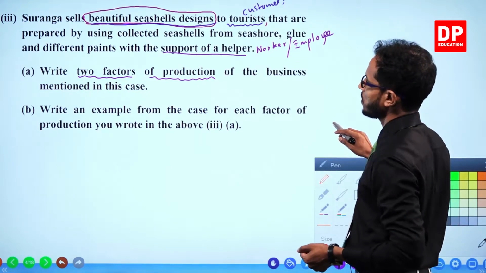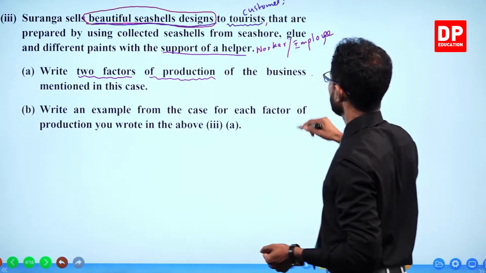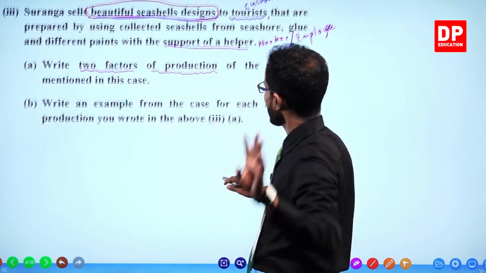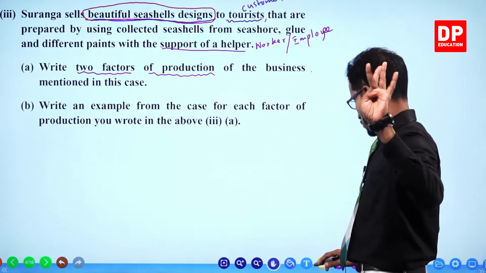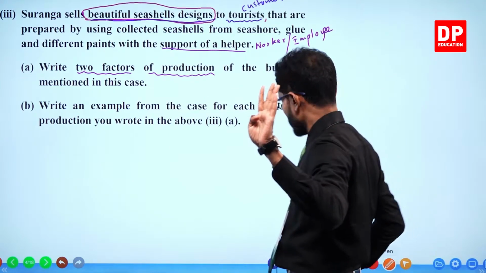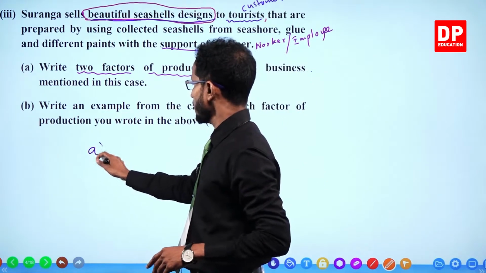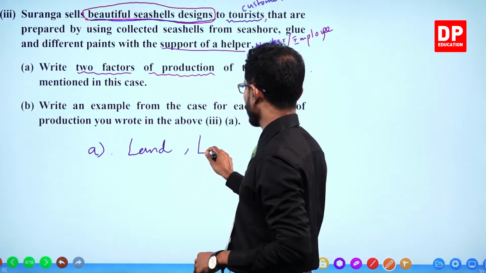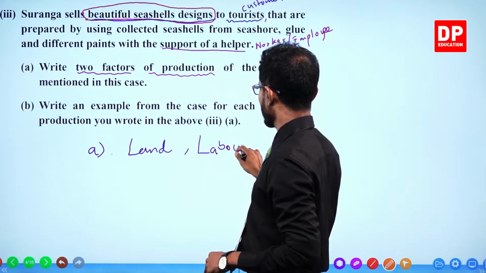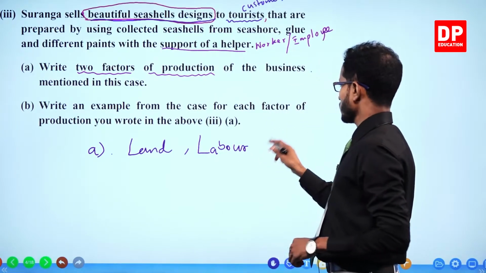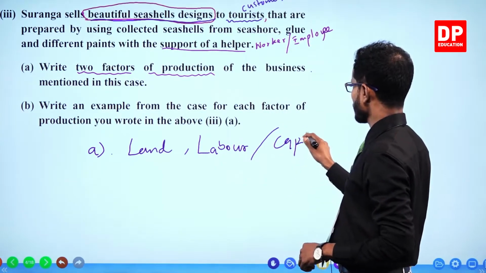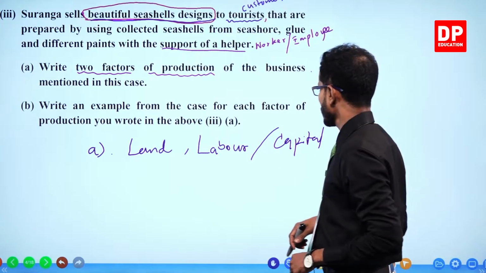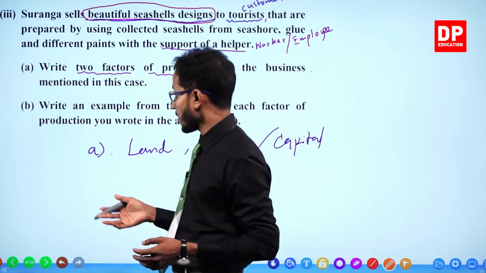What are the factors of production you are going to write? Any 2 factors of production out of the 4. A part, you can write land, labor, or you can write capital, whatever you like out of the 4.